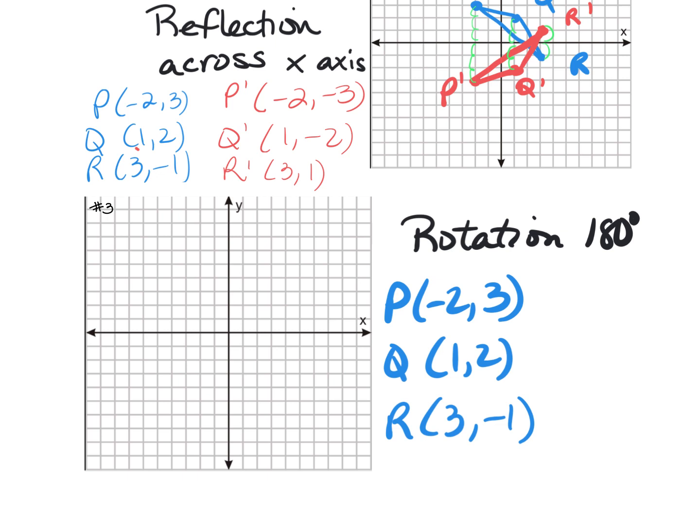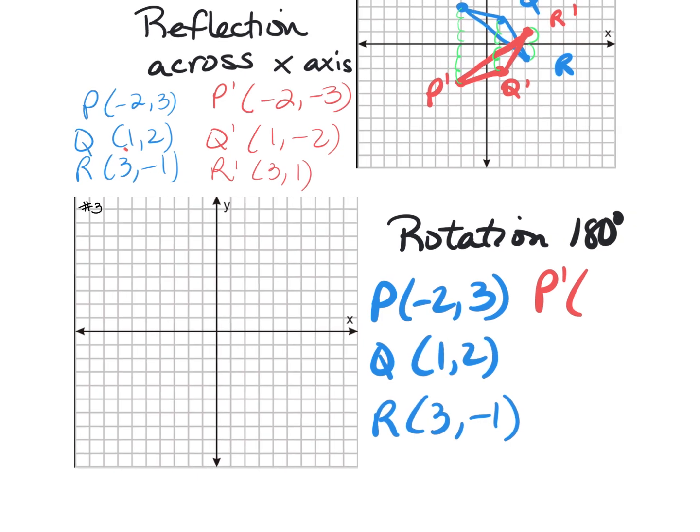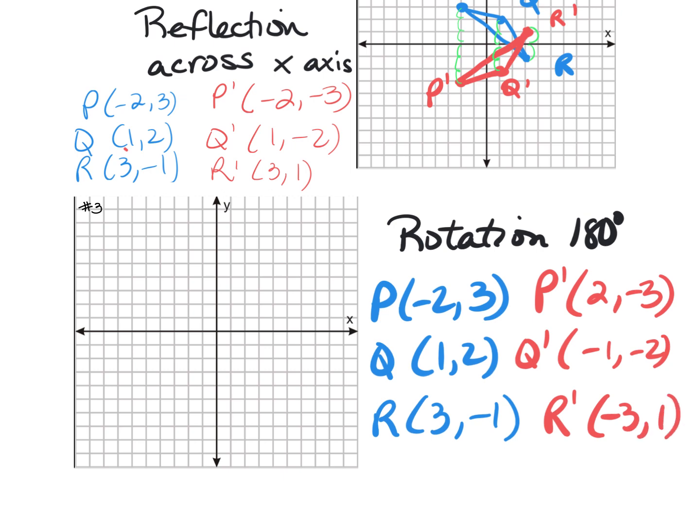Now, remember for the rotation, we're going to keep it in the same order, but make the signs opposite. Then the new Q, -1, -2, and then the new R, -3, +1.